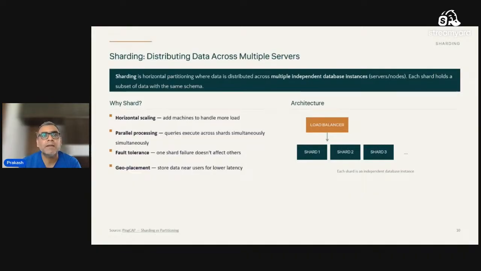So then you've got to span different nodes. You can't just live with one node. In those cases, you distribute data among multiple servers. So you have a load balancer where you get different shards. Basically, they're instances. You can call them database instances or data instances, different nodes. They keep different kinds of data, right?